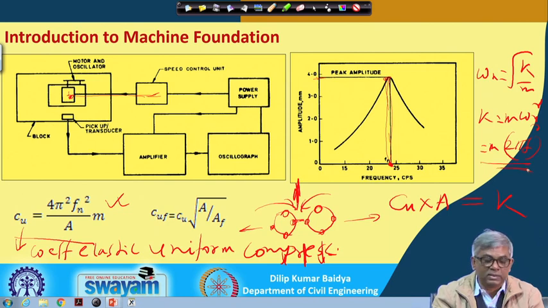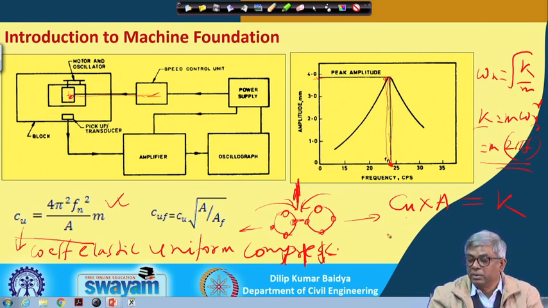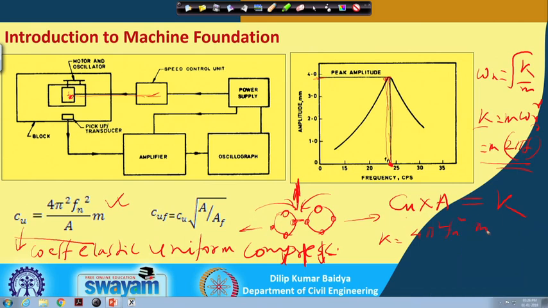So, k will be equal to 4 pi square fn square m, and then Cu will be equal to 4 pi square fn square m divided by A, because Cu multiplied by A is k. That is the expression given in the code itself. So, one can find out the coefficient of uniform elastic compression, which is a parameter as per the IS code.